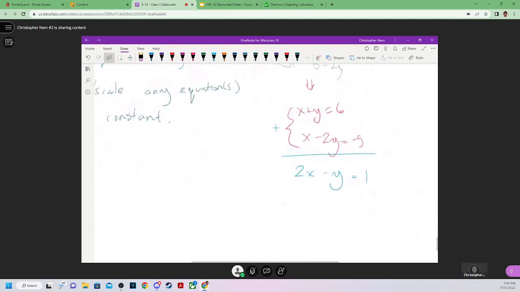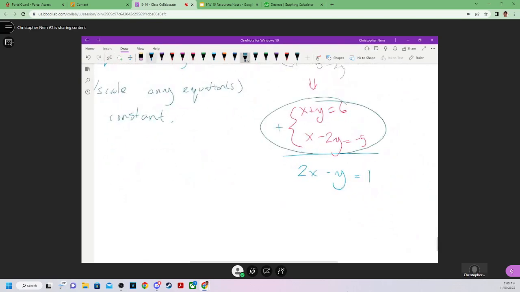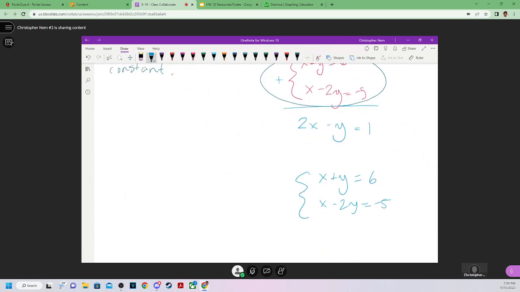So let's work with this guy right here. If I wanted to scale this, let's say x plus y equals 6, x minus 2y equals negative 5, and I wanted to scale the second equation by 3, I can multiply the entire equation, yes, even past the equal sign.